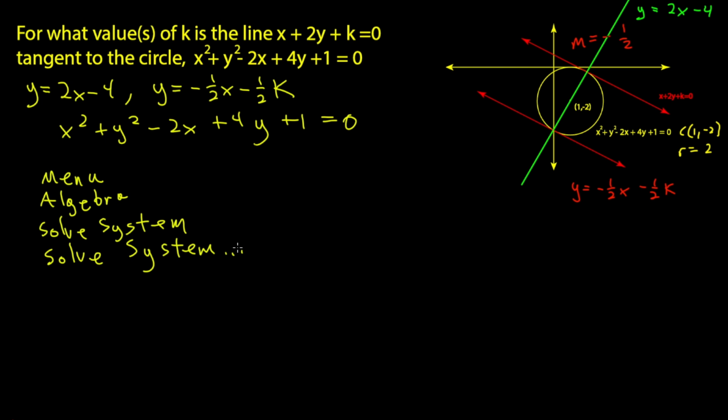Push enter. Now, what you're going to end up with, you're going to put in 3 equations. You're going to make your variables x, y, and k. And then what it's going to look like is this. You'll see this, solve.